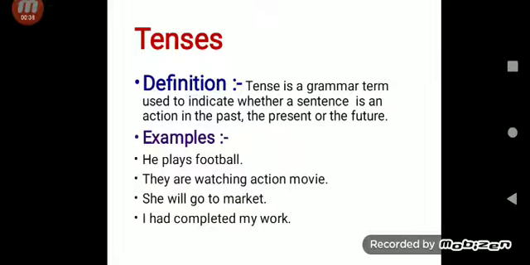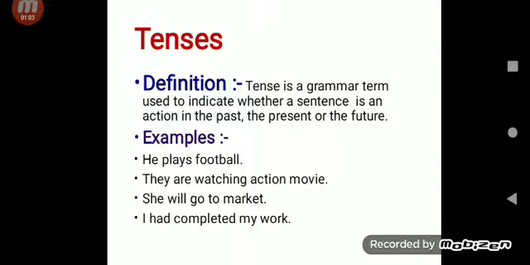Tense is a grammar term used to indicate whether a sentence is an action in the past, the present, or the future. So basically, tense is a grammar term used to indicate that the sentence is an action of past, of present, or of future.